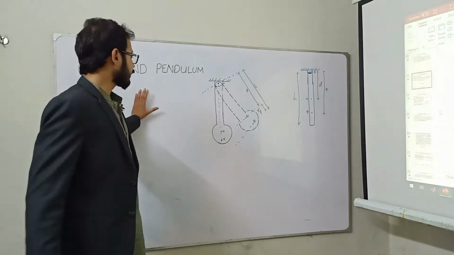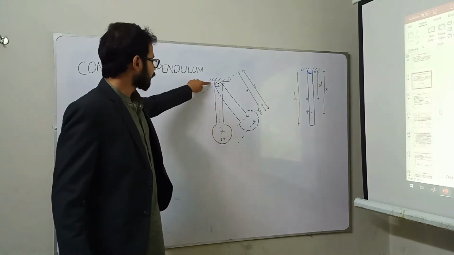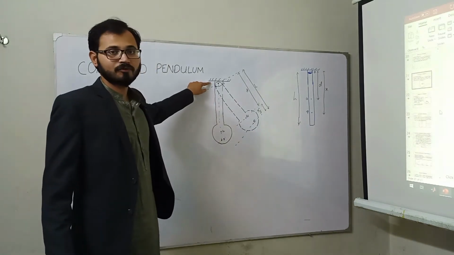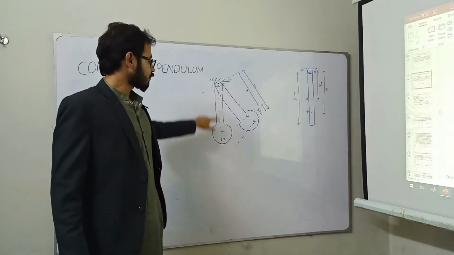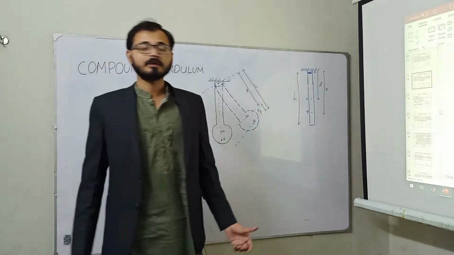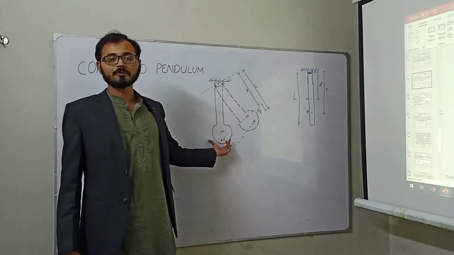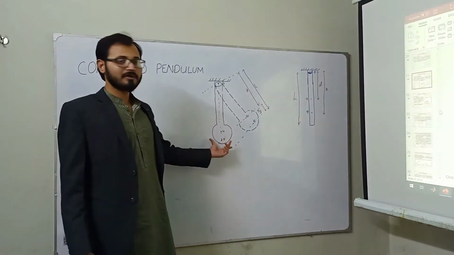For example, if we hit the body at point P, then the pivot point will feel no effect of force. This is the point used in the case of a cricket team, who have calculated the point of percussion of a bat.